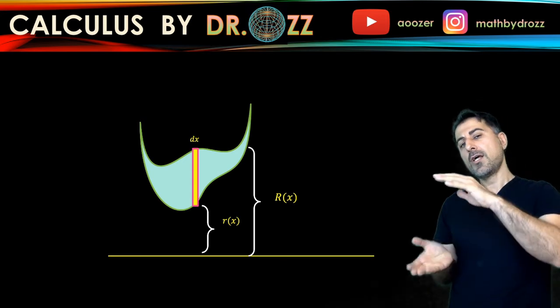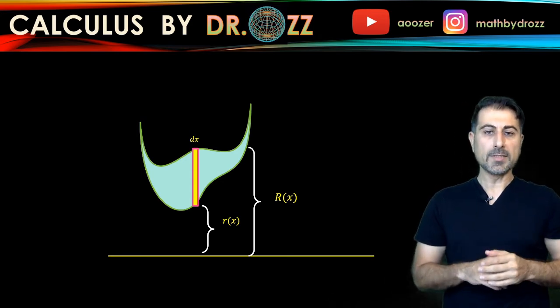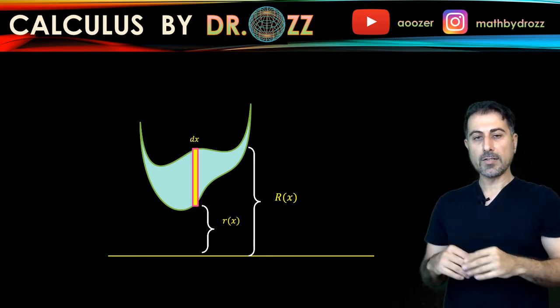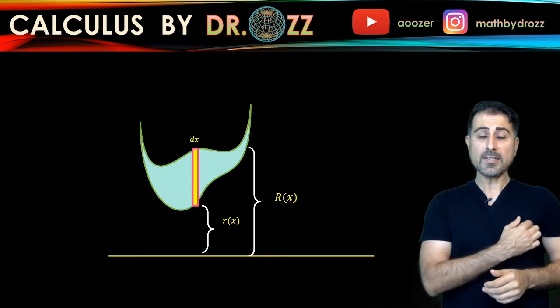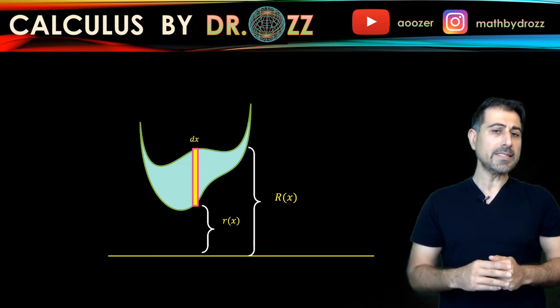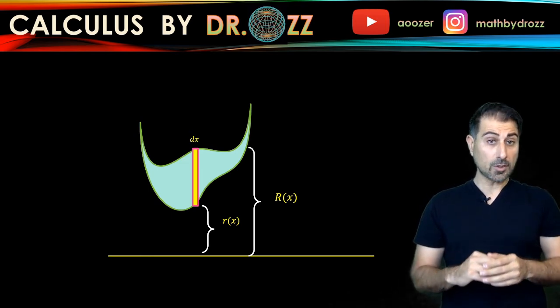To get the volume of the representative washer, you need the outer radius and the inner radius. The outer radius is capital R, and the inner radius is little r. We took a slice of thickness dx, so I should write both radii in terms of x.